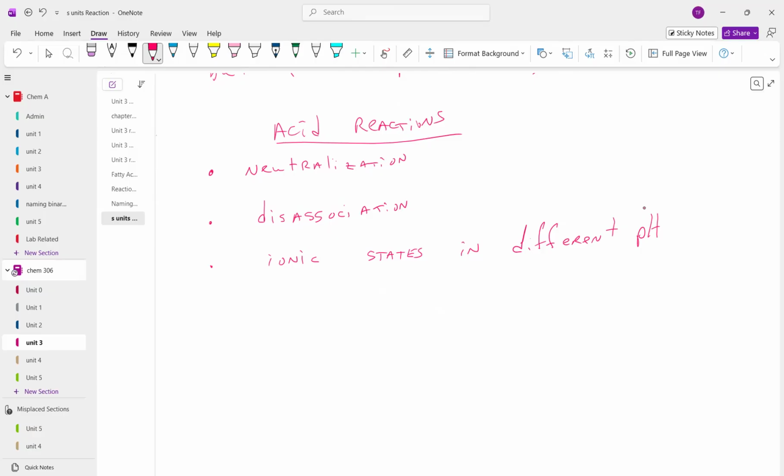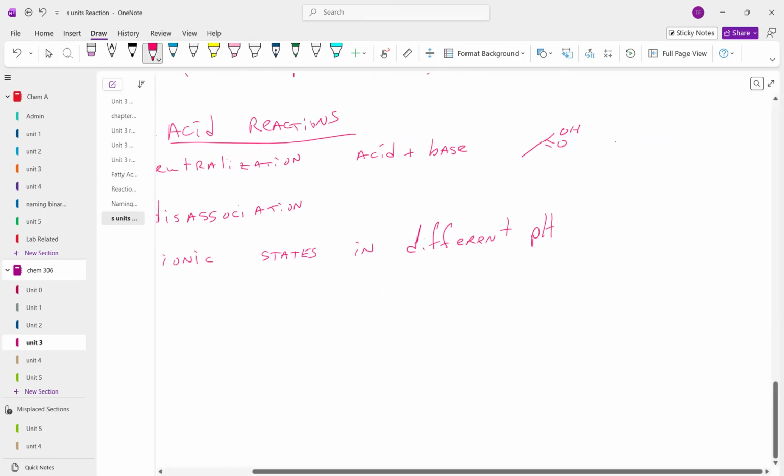Okay, so neutralization would be acid plus base. For example, acetic acid plus sodium hydroxide.